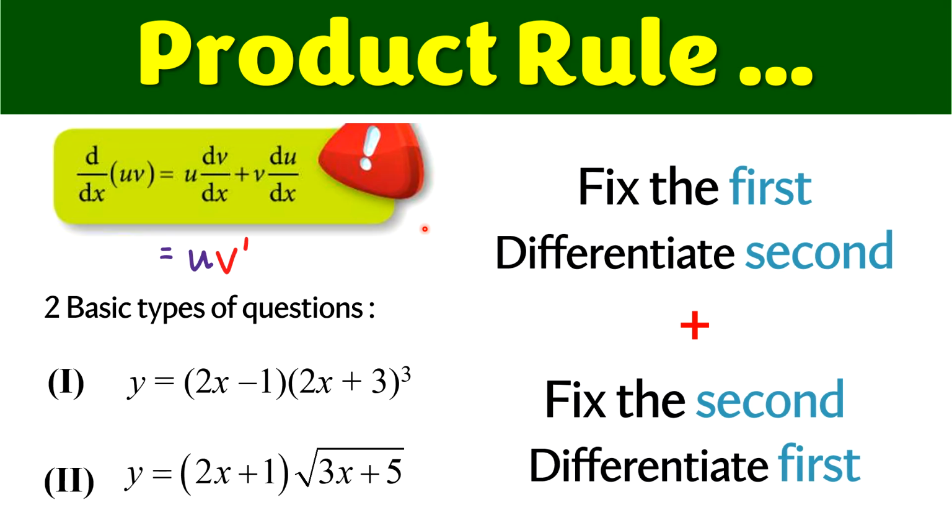Then with this, I'm going to add a term where I fix the second, which is v, and then differentiate the first term. So this is a very useful formula for the product rule. Let me show you how to apply the product rule over here.